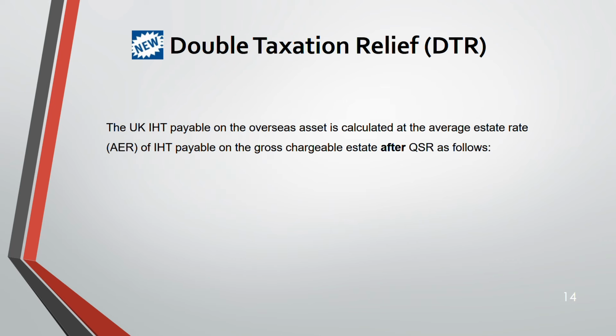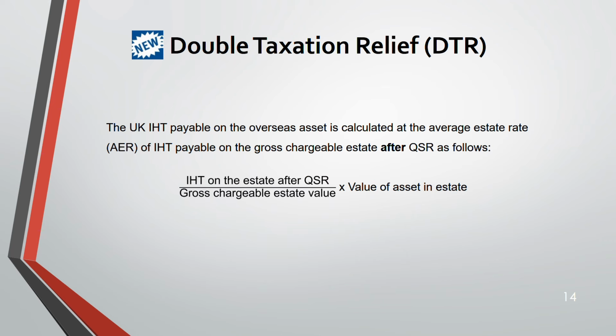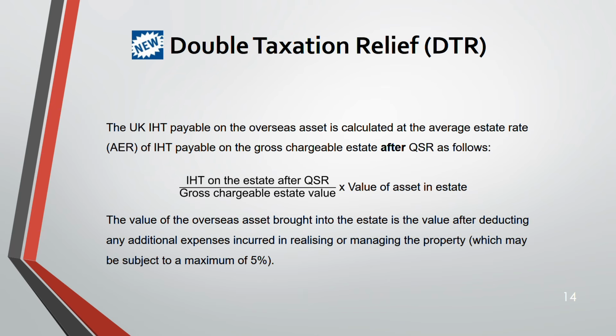Now, your UK IHT payable on the overseas asset is calculated like this: at the average estate rate, known as AER, of IHT payable on the gross chargeable estate after QSR. So first, IHT on the estate after QSR divided by gross chargeable estate value, multiplied by the value of the overseas asset in the estate. The value of the overseas asset brought into the estate is the value after you deduct the additional expenses, that is after you deduct the 5% of the expenses. Okay.